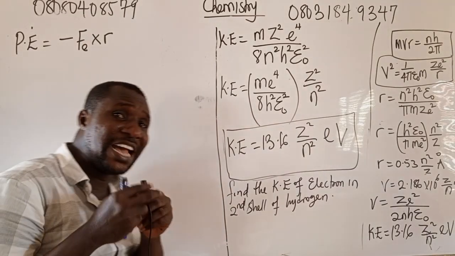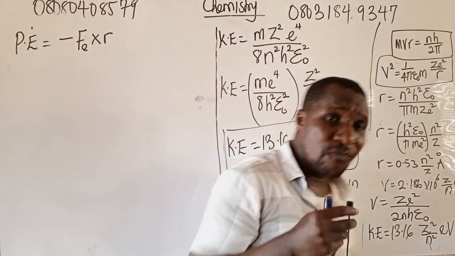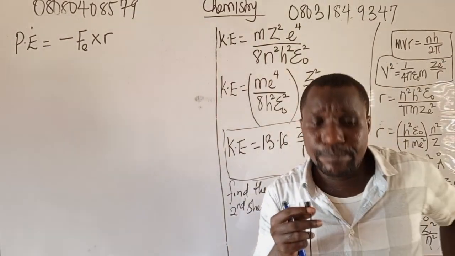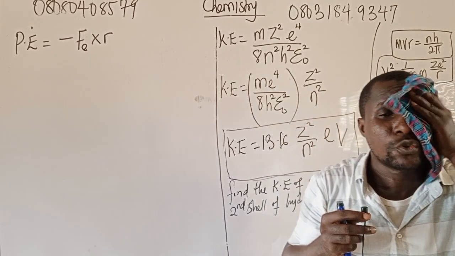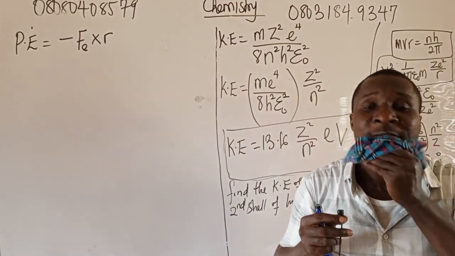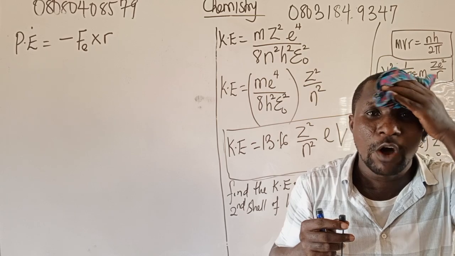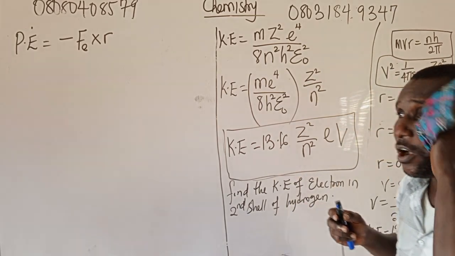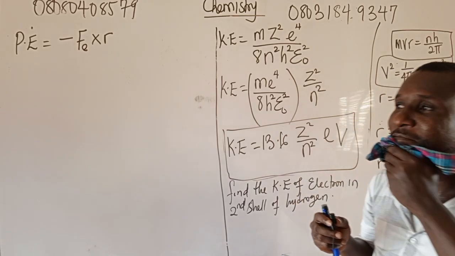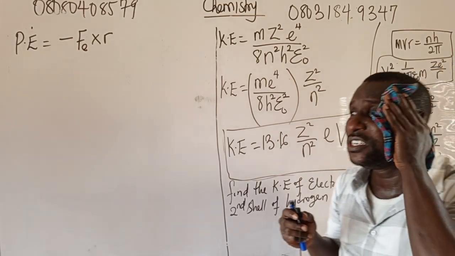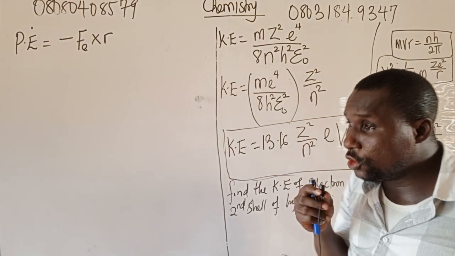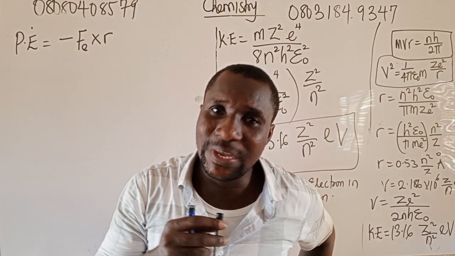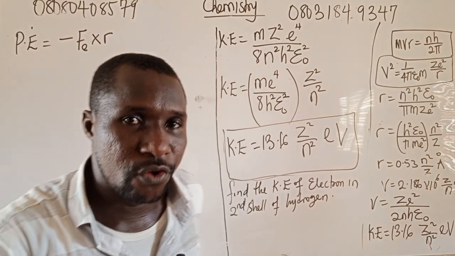Listen, the potential energy of an electron revolving around a nucleus is produced by the electrostatic force between the electron and the nucleus.